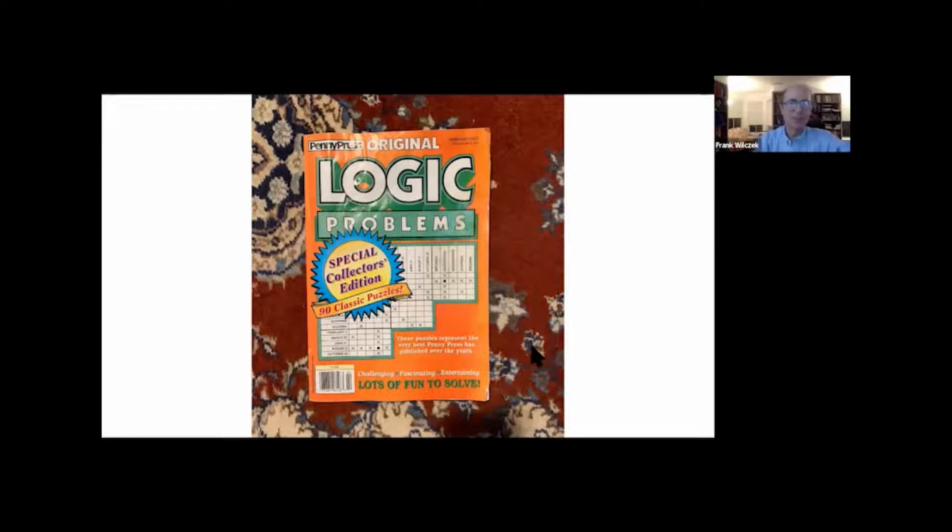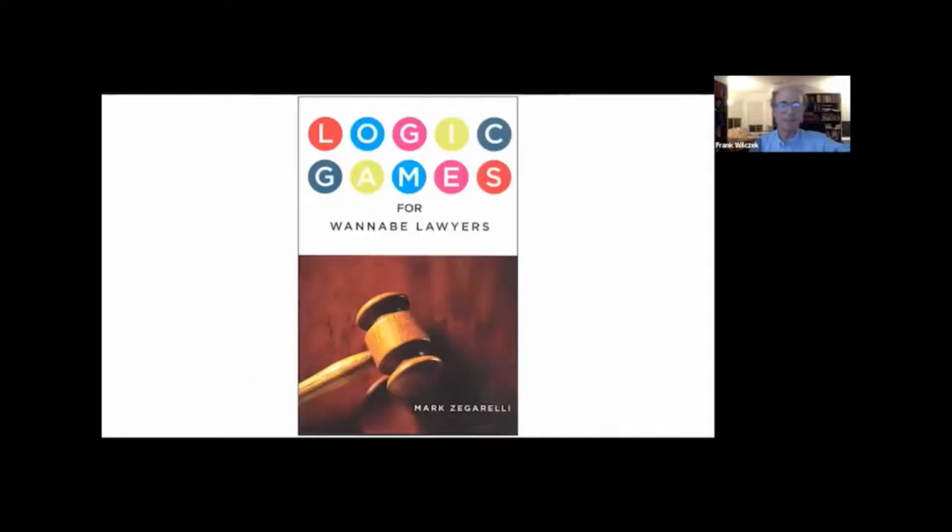Or if you're an aspiring lawyer and want to prepare for the LSATs, they have logic games of this kind, logic problems that are stated in words but can be restated in terms of these kinds of formulas.